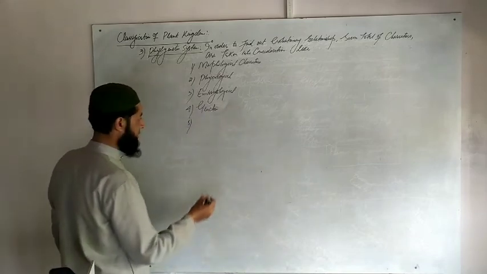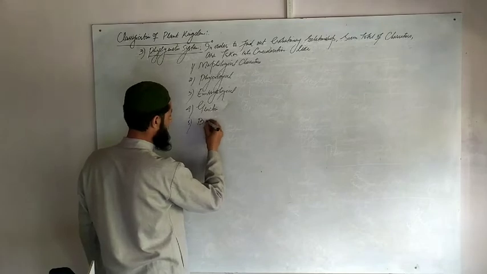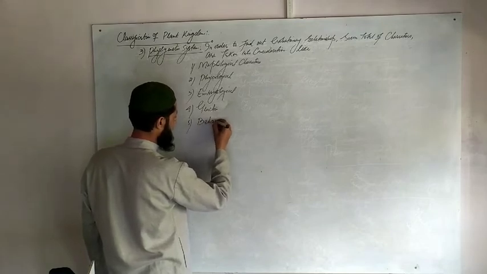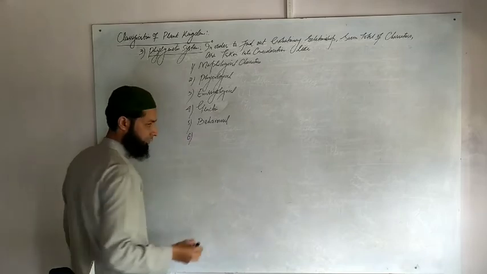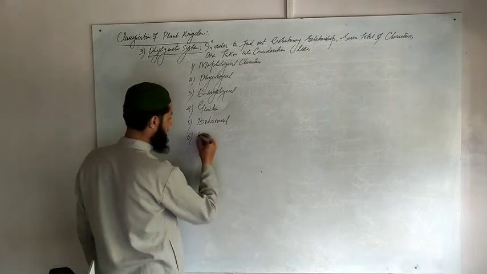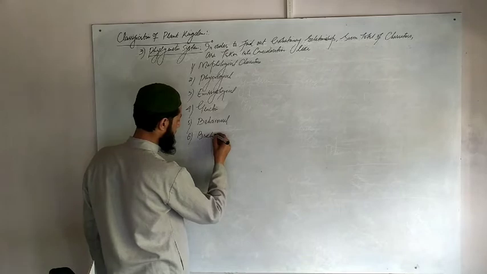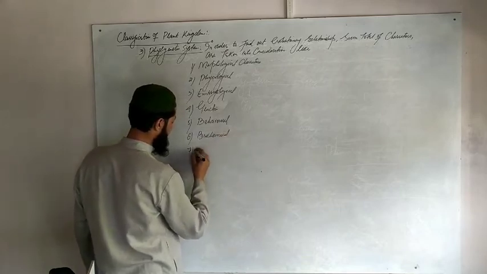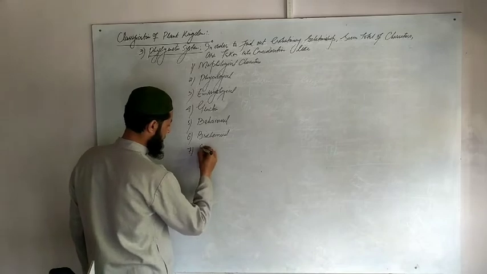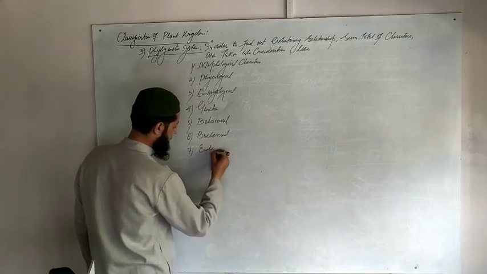Fifth one is behavioral features. Sixth one is biochemical features. Seventh one is ecological features.